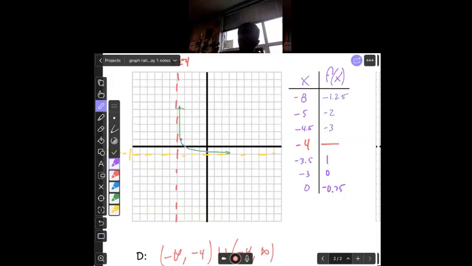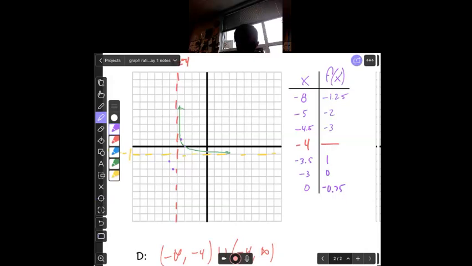So -4.5, -3 would be right here. -5, -2 is right there, and then -8, -1.25. So that should be just below that line.